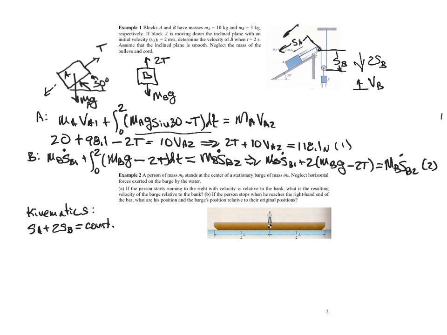And therefore, we can get SA dot plus 2 SB dot equals 0. And therefore, we know that SB dot is negative 1/2 of SA dot, or negative 1/2 of VA.